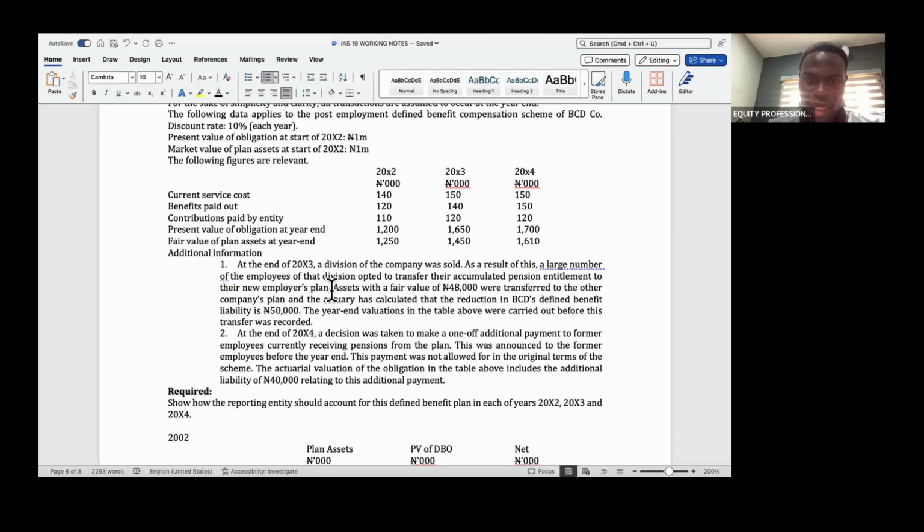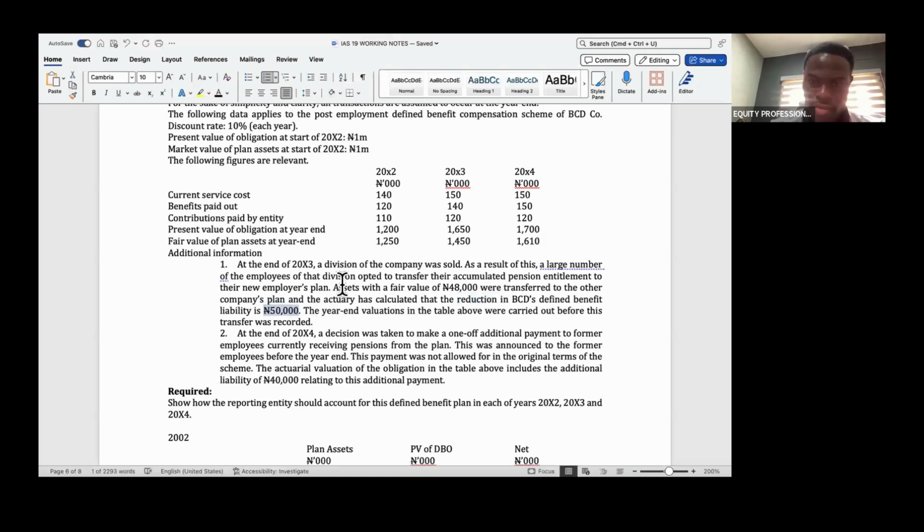Now, for their pension, we have contributed a total sum of 48,000. So assets with a fair value of 48,000 will be transferred to that plan, and the actuary calculated that our obligation will reduce by 50,000.